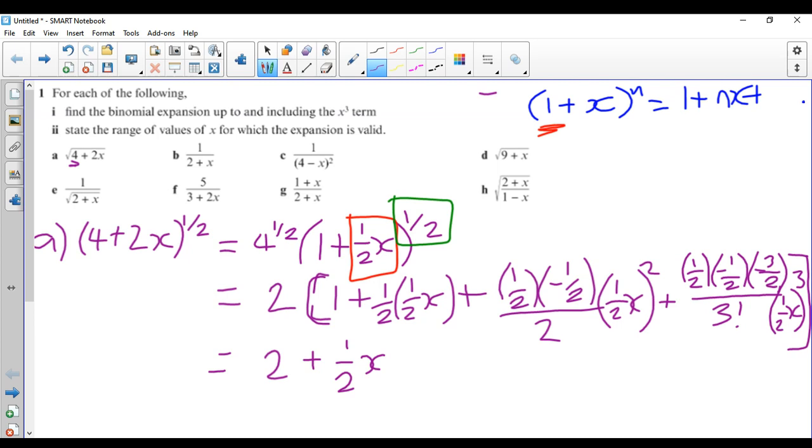And then if I do a half times minus a half, half squared, I will get 1/8. 1 over 32, times it by 2, 1 over 16 x squared. Okay. And then on the next one, if I multiply it out and simplify it, x cubed over 64.